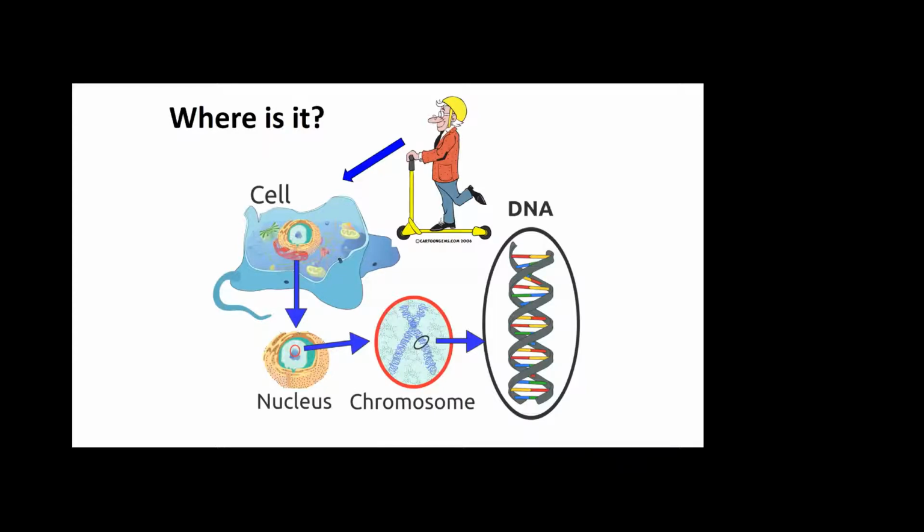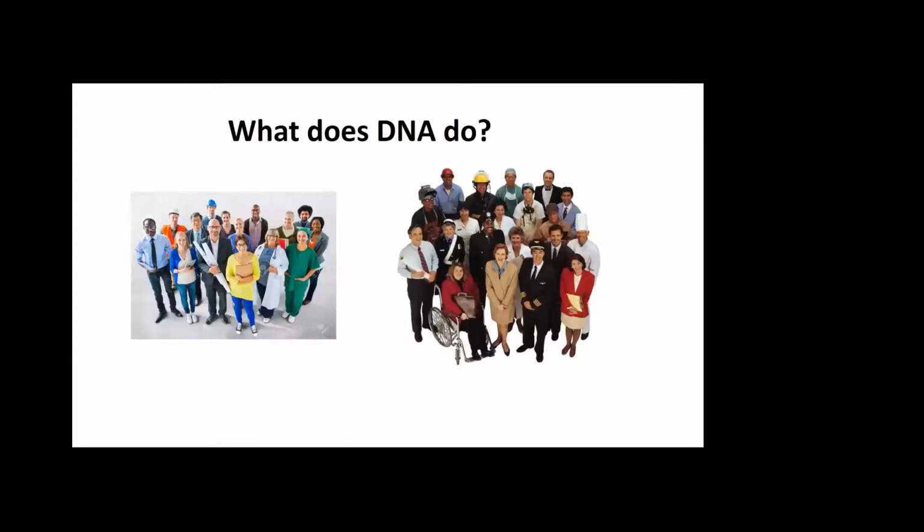Coming back to the question I asked before, what does the DNA do? DNA saves information about people. That is very good. The DNA makes us the way we are. So if we have blue eyes, if we have dark hair, if we're tall.